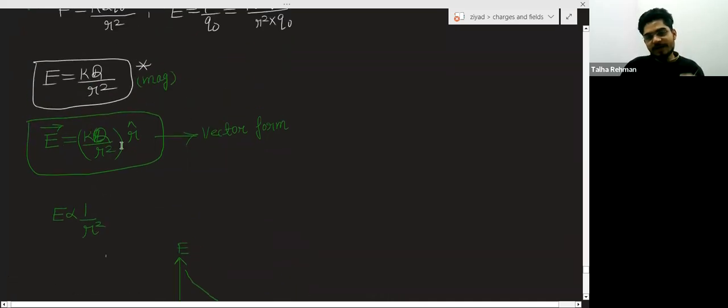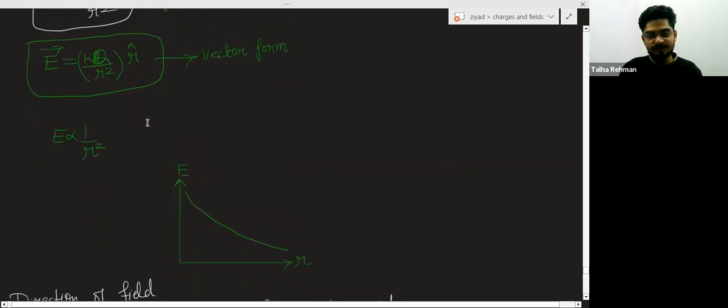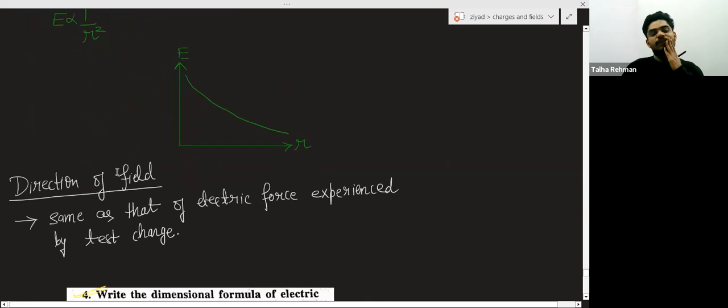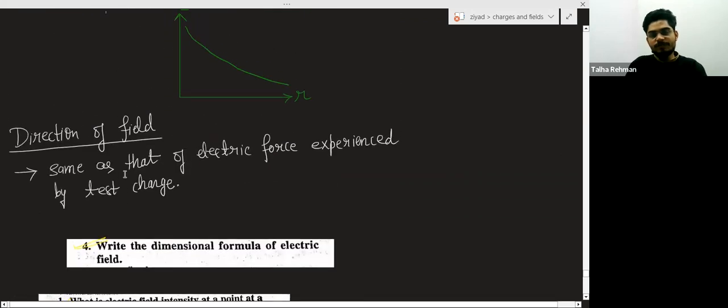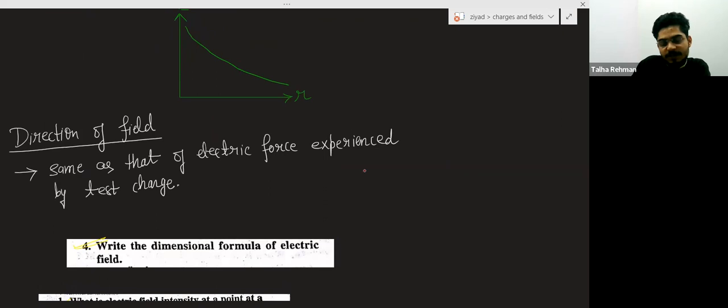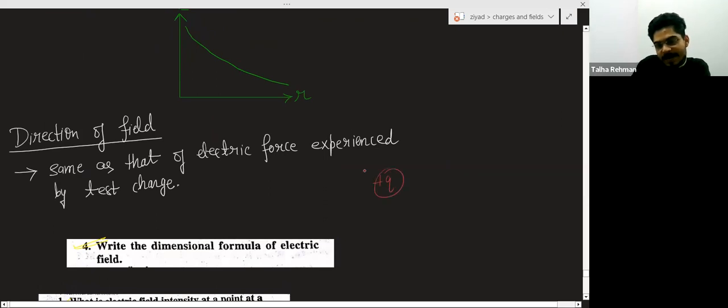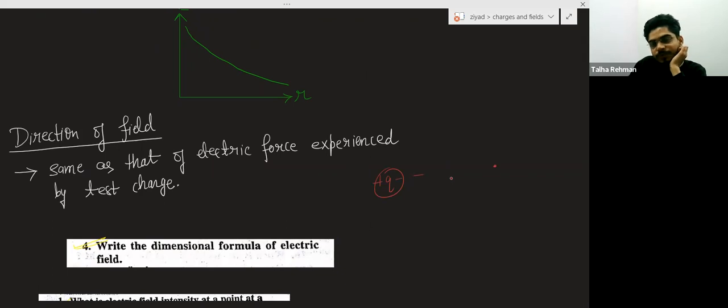And in vector form, you can write it this way: kq divided by r square, times r vector. R vector is the position vector of the point. Now the direction of the field. For example, suppose this is a positive charge here, and this is point P, and the distance is r.